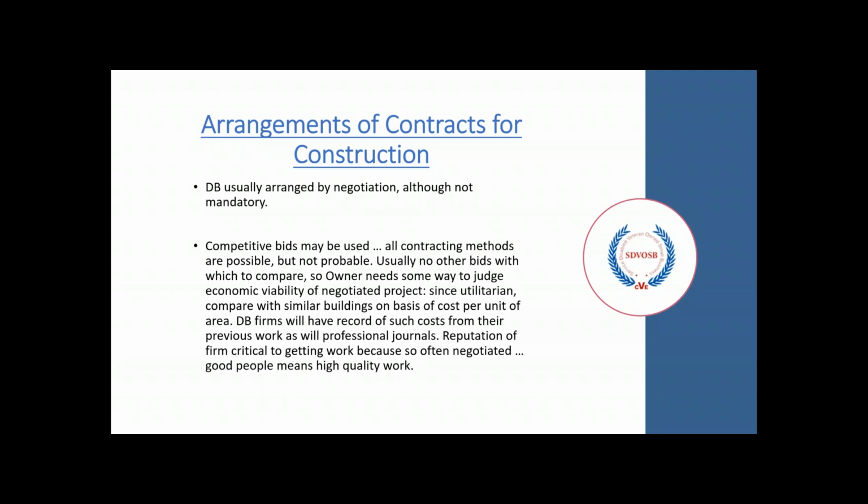In design-build, competitive bids may be used, although negotiation is often a tactic. Usually for design-build, the owner already has a firm in mind, so there are often times where there are no real other bids in which to compare. So that is where the negotiation often comes into play.